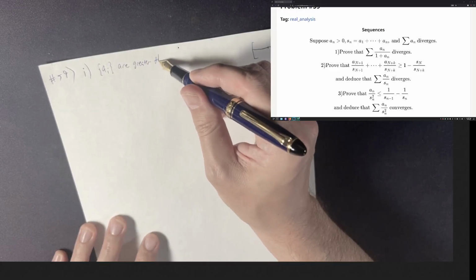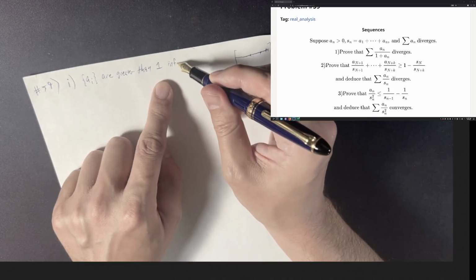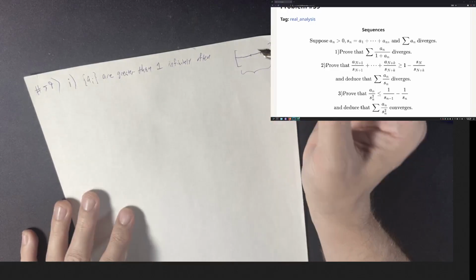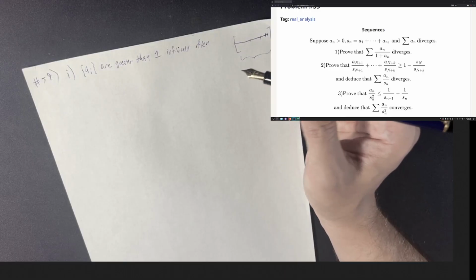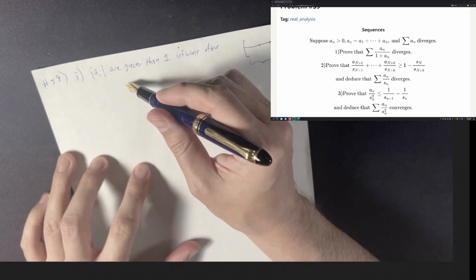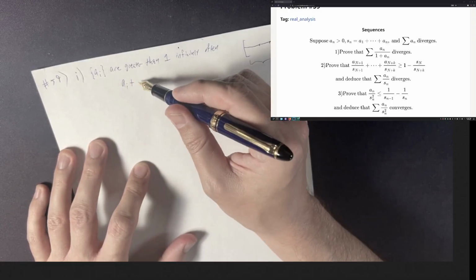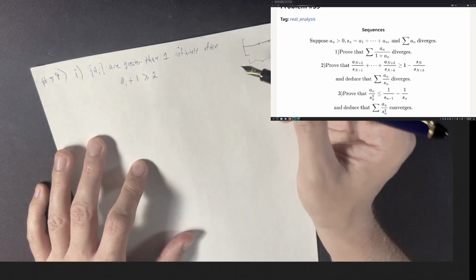I want to say greater than 1 infinitely often. If it's the case that a_n is greater than 1, then this is greater than 2, right?